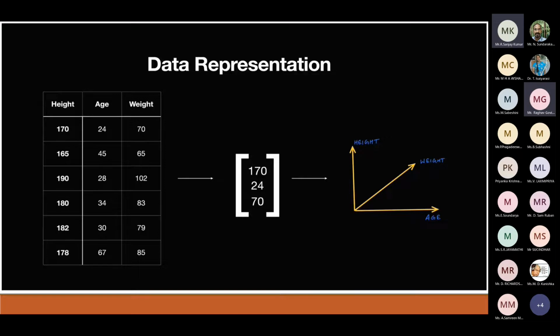For example, in this slide, I have shown that one row is represented by a feature vector, which has three elements or components representing three different dimensions. So n entries in a vector make it an n-dimensional vector. In this case, we can see we have three dimensions: height, weight, and also age.